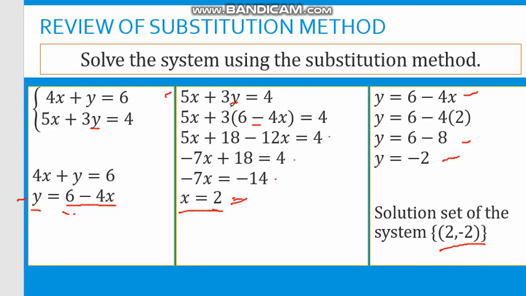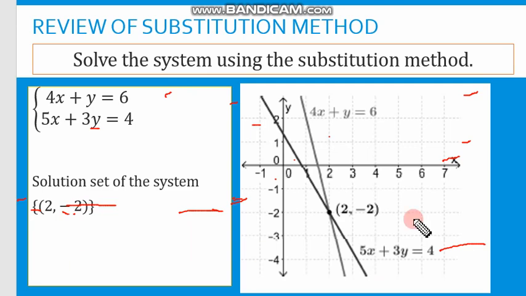If you check the graph of the two equations, the first equation is this linear equation, 4x plus y equals 6. This is its graph. And another line, 5x plus 3y equals 4.